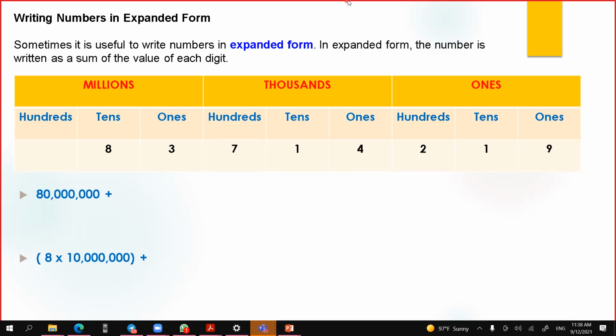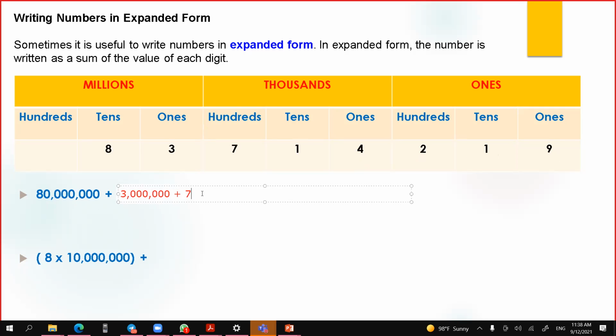Yalla then. 3, bravo. Now 3, how many zeros after it? Bravo. 1, 2, 3, 4, 5, 6. And every 3 zeros, you have to write a comma. Okay. Bravo. Now yalla 7.